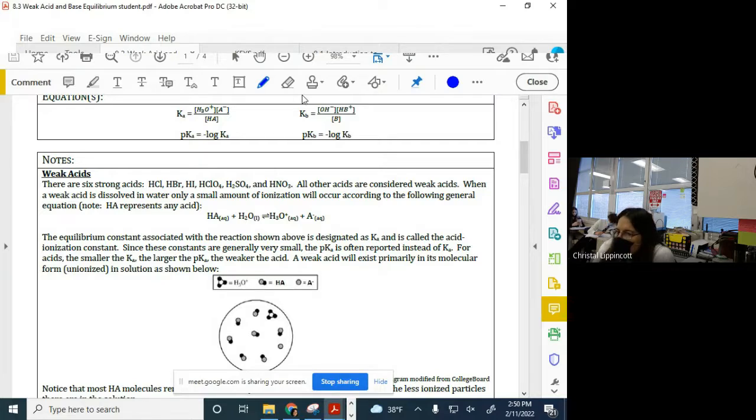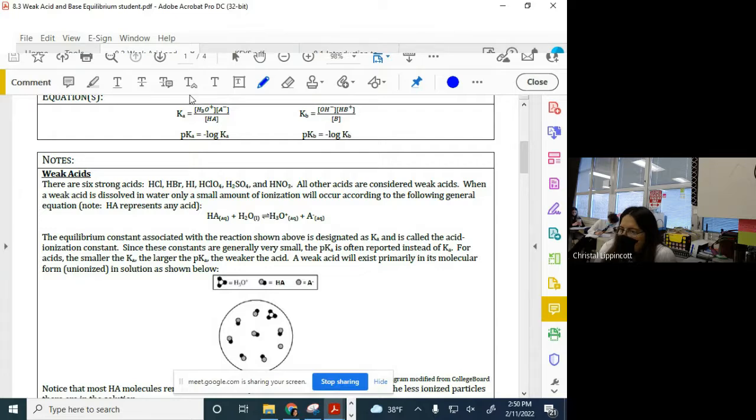We can then use this value and plug it in and determine our Ka, or if we have Ka, we can determine our concentrations of these. Typically, this is given as a molarity. Okay? So this is what that equation looks like.